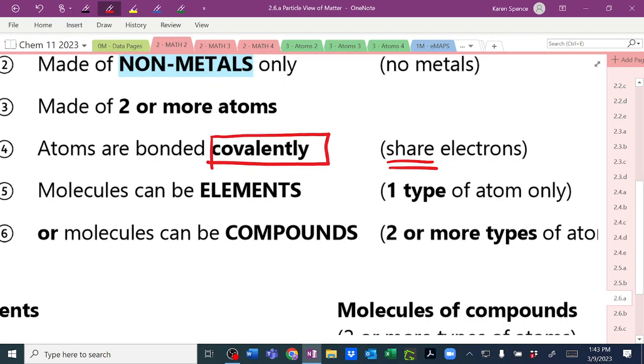What charges are electrons? Remember? Electrons are negative. And here's my nucleus. What charge is the nucleus? Positive, because it contains the protons. And don't worry, this is going to be reviewed with you over spring break, okay? So we have a positive nucleus there and a positive nucleus there.